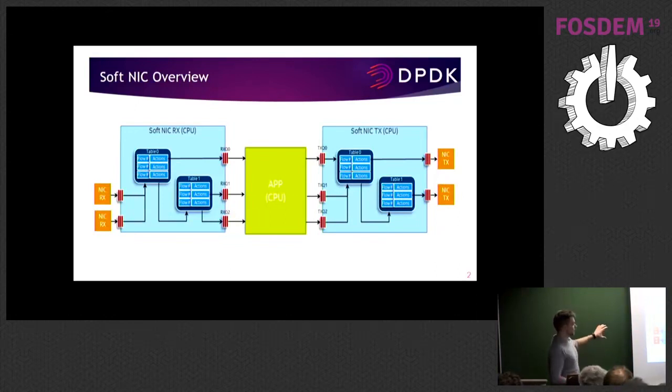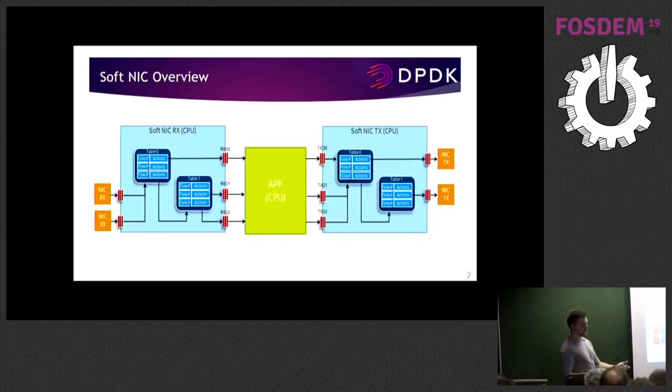So if we follow a packet's life through your hardware NICs, your SoftNIC, and the application, your packet will come in on the NIC. It'll get assigned to a hardware queue, and that hardware queue is matched to a table. So that table will pull the packet from the hardware queue. Then we have a bunch of rules inside that table, and those rules check the packet.